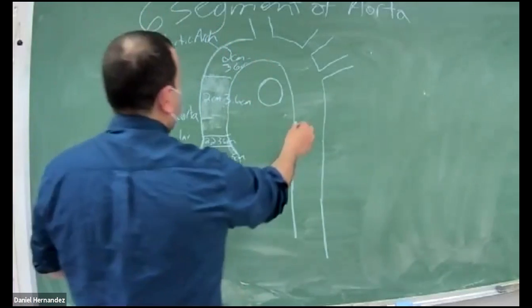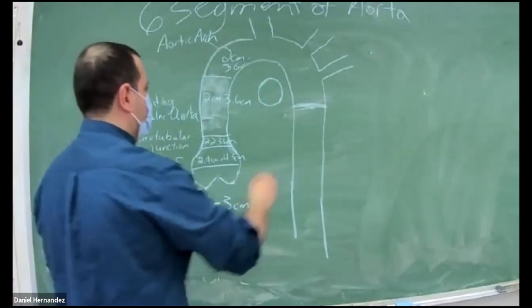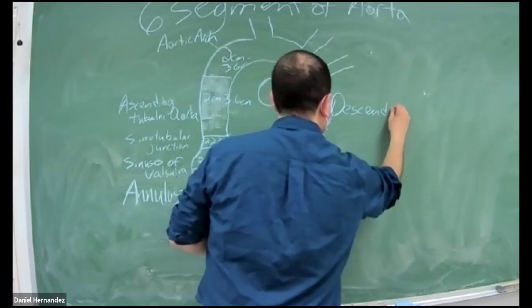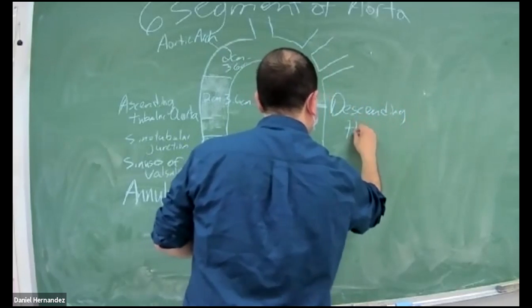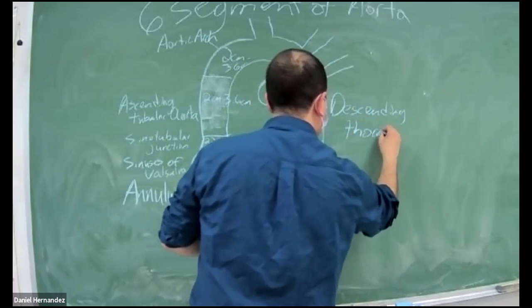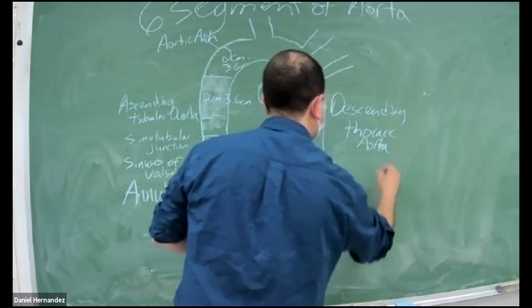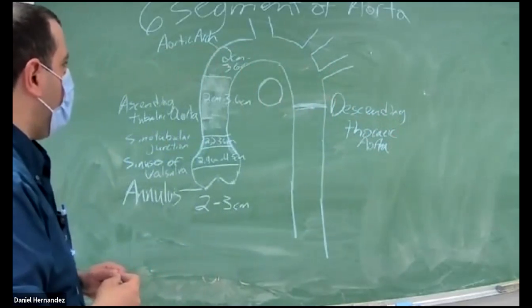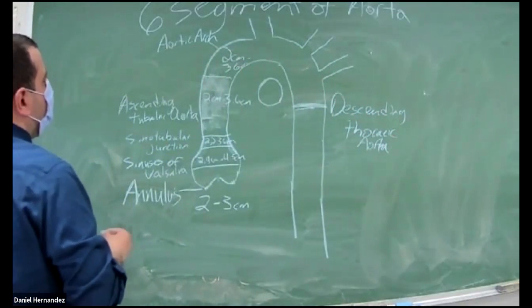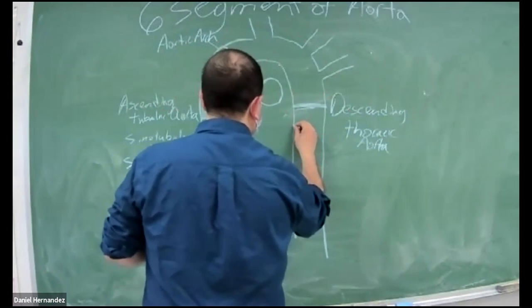And as we continue past the arch, the last segment is our descending thoracic aorta, with a diameter of 2 centimeters to 3.6.